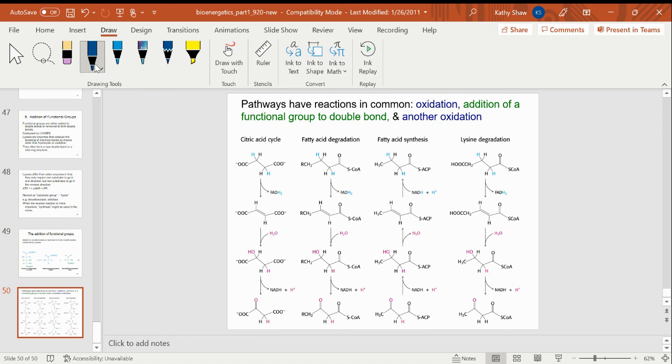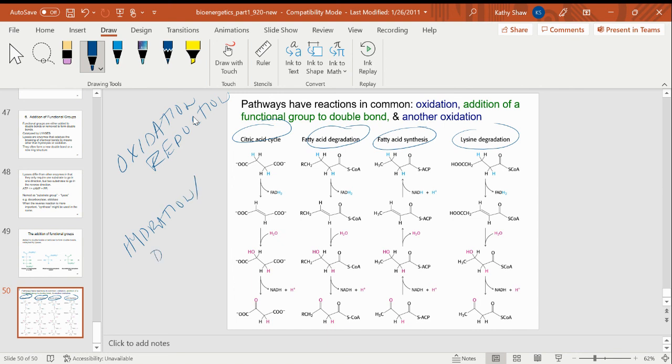Okay, we ended when we did this with this diagram. And I did it for shock value. But I wanted you to realize, look, the shock value is, these are all things we're going to do. And it looks like a lot of stuff here, but it's really two reactions. We're either doing oxidation reduction or hydration dehydration.